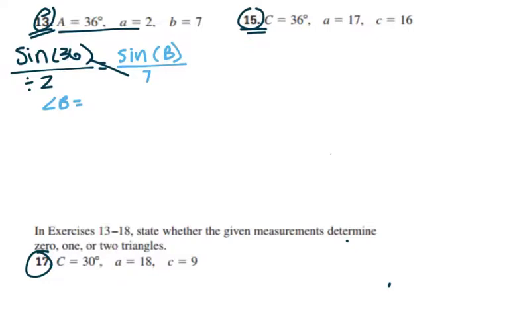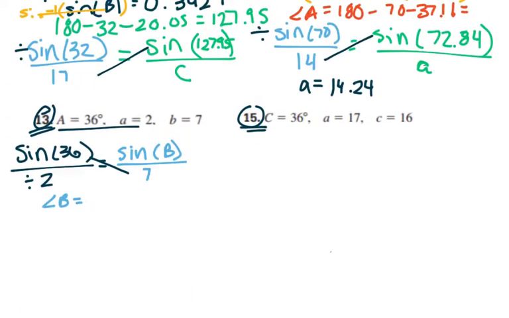Which does not exist, and so this ambiguous case can't work because of that. Alright, we're going to back up because apparently I forgot the directions for this one. This one says that we should be stating whether the given measurements determine 0, 1, or 2 triangles.